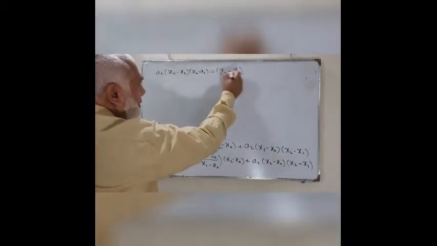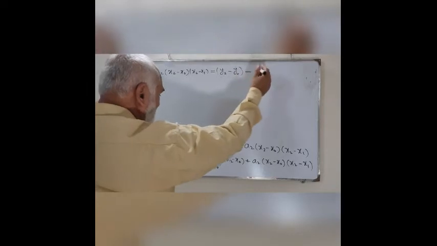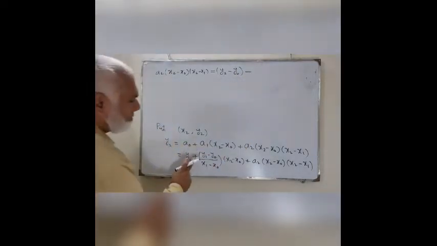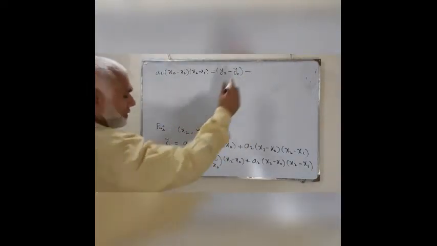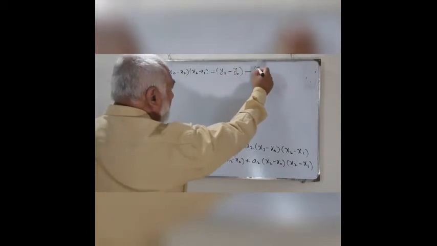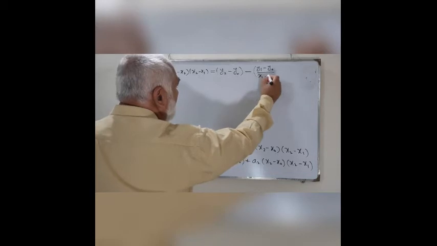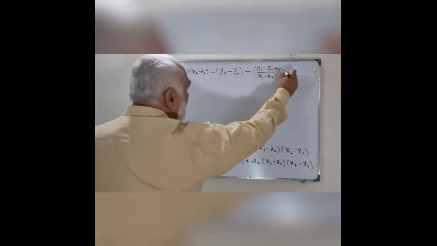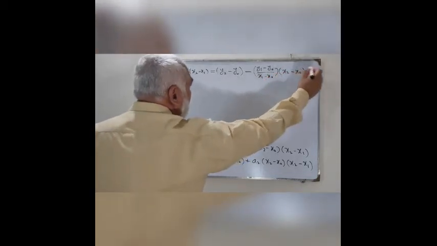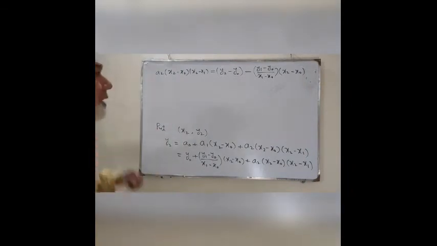If I keep it as it is in a single bracket, this plus sign will change to minus whenever you shift it to the left. So this gives you y1 minus y0 over x1 minus x0 times (x2 minus x0). So this is another format here.